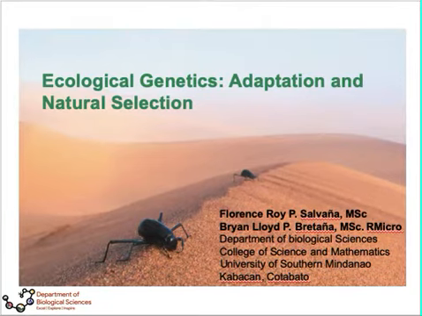3 includes ecological genetics, which covers adaptation and natural selection, and a little bit of evolution. So, we're going to discuss the relationship of adaptation and natural selection, as well as its relation to evolution and how come that genetics is part of this discussion.